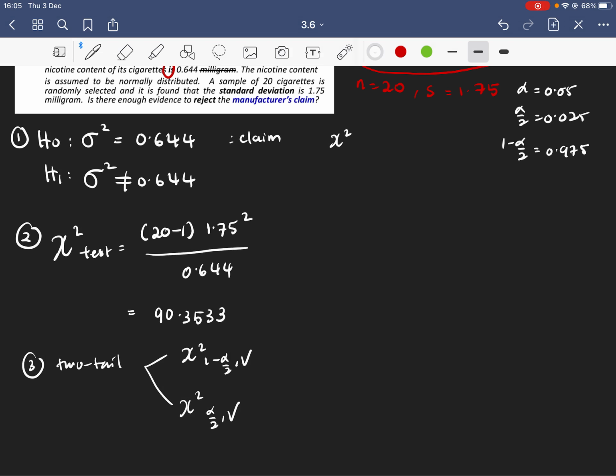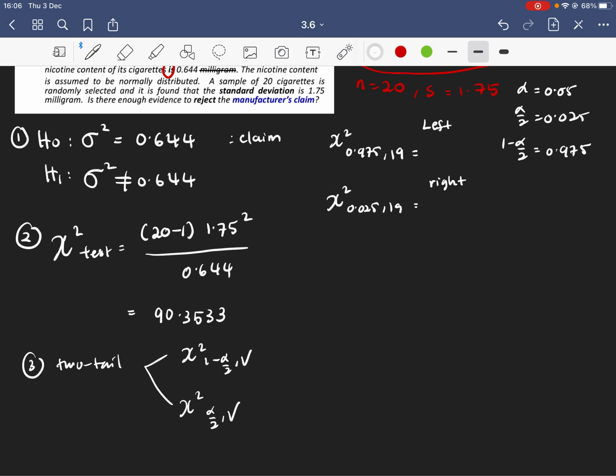So chi-square left hand side 0.975, nu is 19 for the left hand side. Okay, for the right is chi-square 0.025, 19. So find it in your stat table.